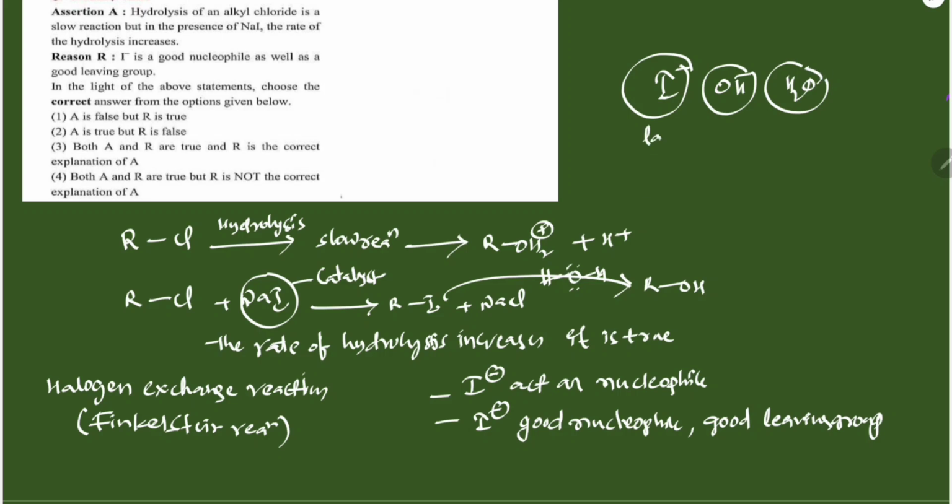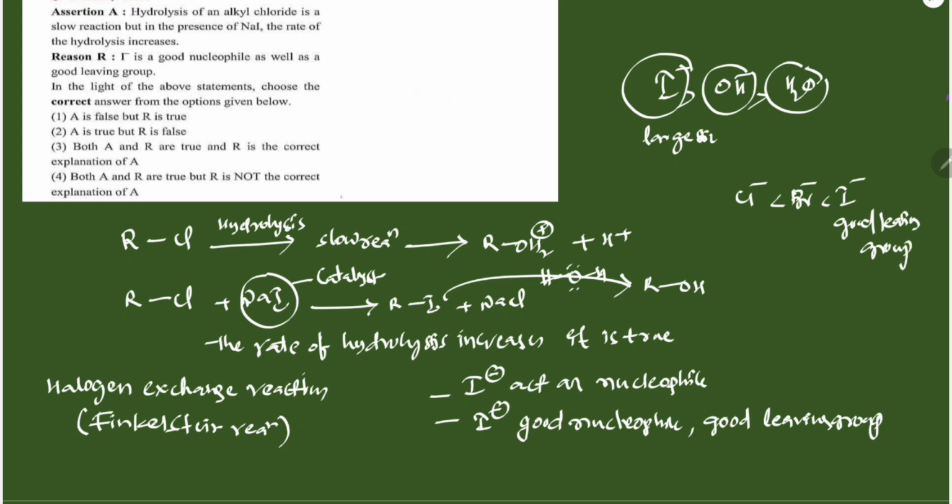So in this example, I minus has a large size and easily leaves, so it acts as a good leaving group. Here also Cl minus, Br minus, I minus: chloride, bromide, iodide. In this example, I minus is a good leaving group.